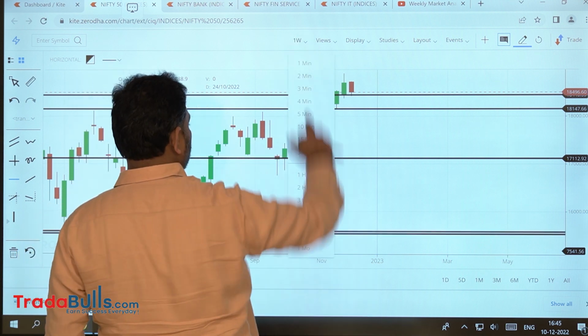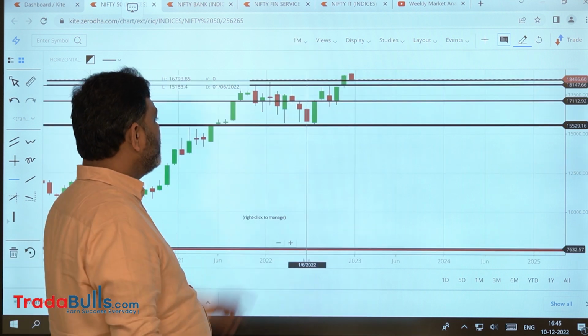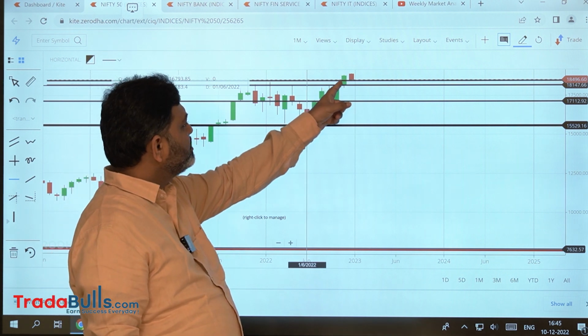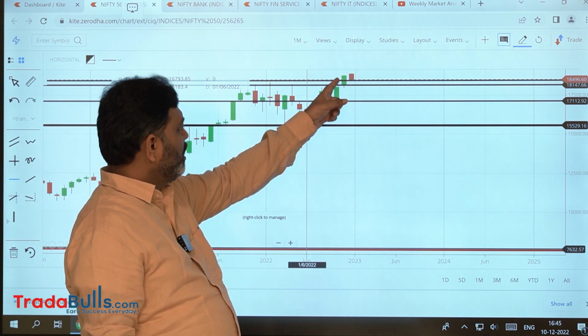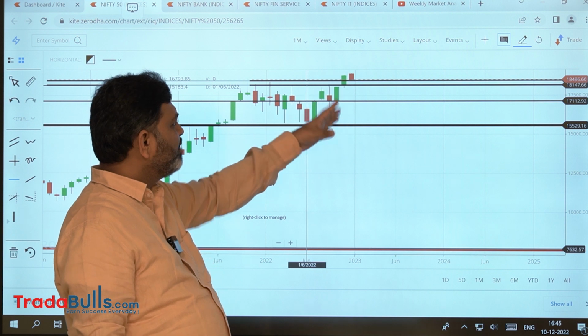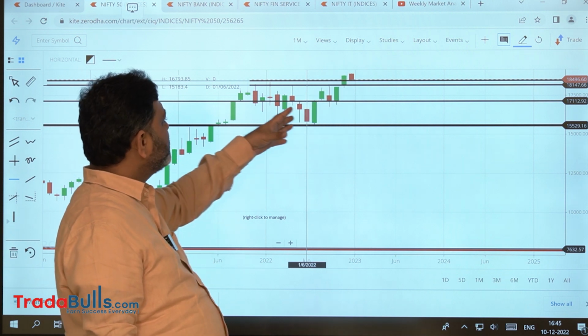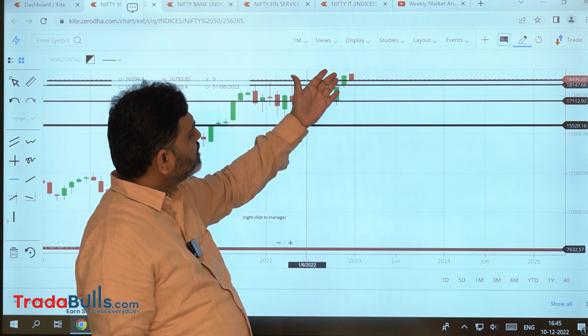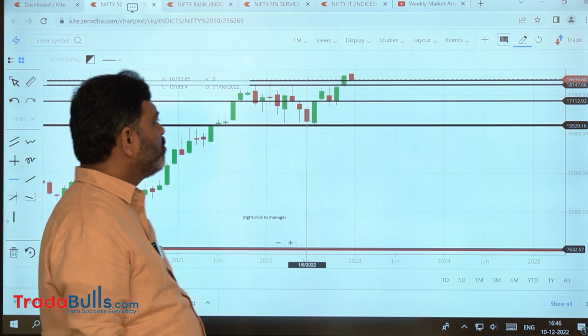When we observe the monthly chart also, at present the market is still trading below the previous month high level. So we may expect another 150 points or another 300 points of downward momentum.